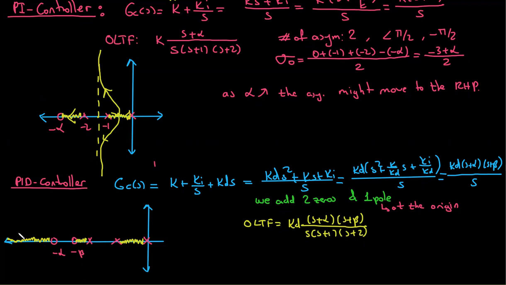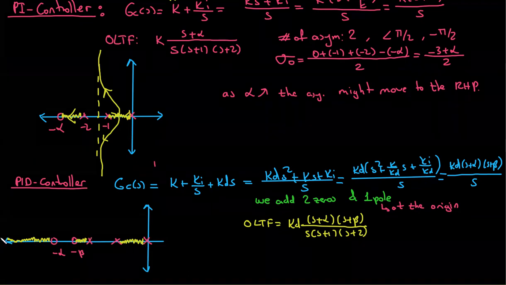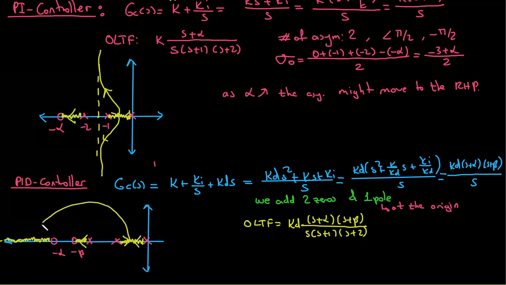So there's one asymptote with an angle pi, so there will be an asymptote over here going in this direction. And what's going to happen here is that that pole is going to this 0 as k goes to infinity. And these two will start moving towards each other. They will break away, and they will follow a trajectory, and then they will break in.